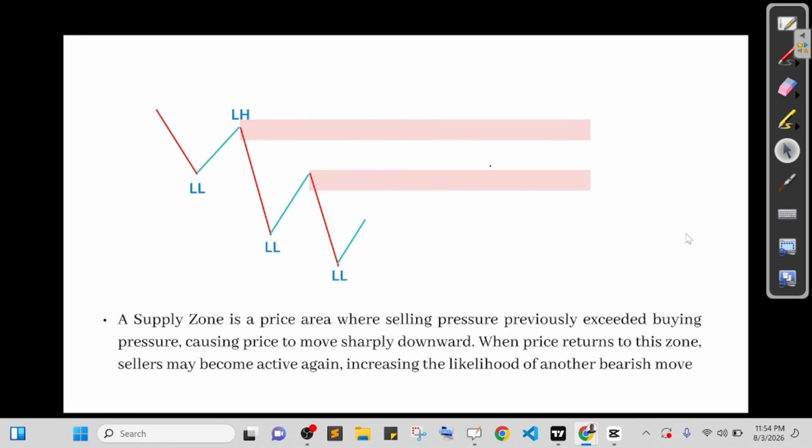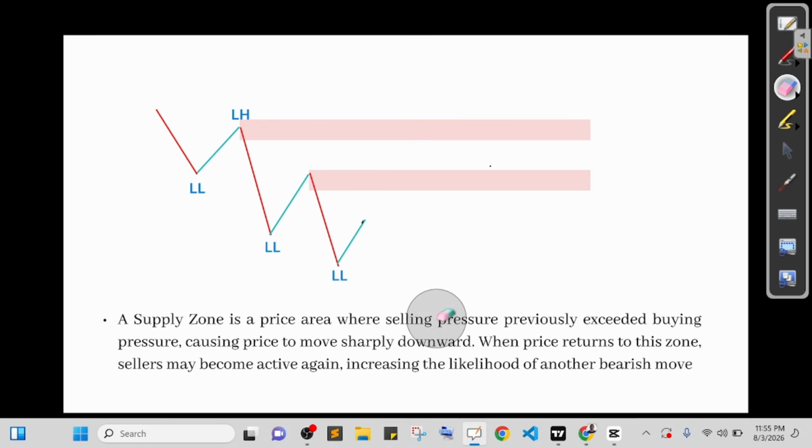Anytime you hear supply zone, just know that that is a zone where sellers can gain more momentum to push the market in their own direction. For example, this is a supply zone. The market can move to this region, right? When it gets to that region, sellers will push the price downward to favor their direction. So I believe you get that.